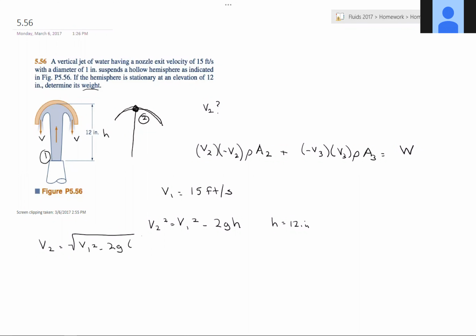And now remember, put this in feet, not inches. Okay, so now we have V2. How are we going to find V3? The same way, except again, we're missing areas. So if we tried to do Bernoulli's between V2, V1, and V3, what would we find?